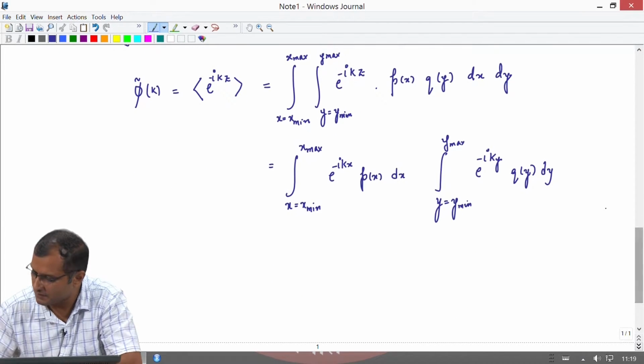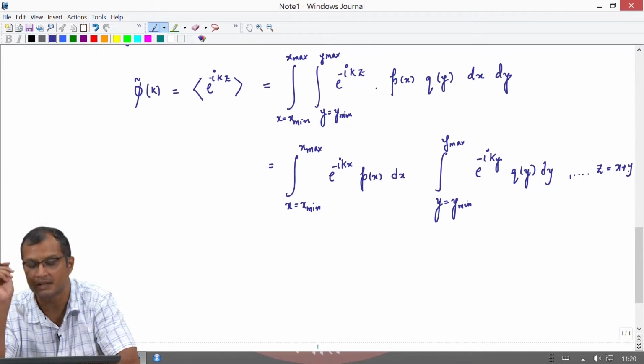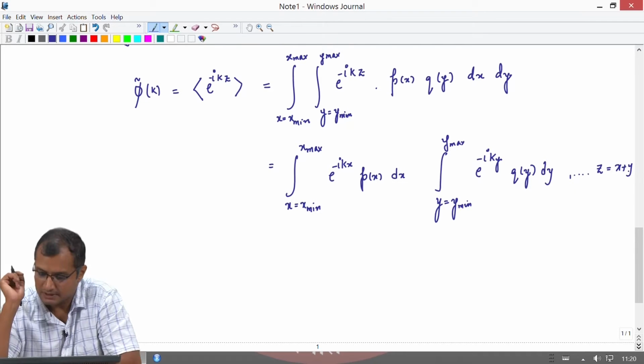I can do this because the random variable z was x plus y. So, I have just separated the 2 degrees of freedom into 2 separate integrals.